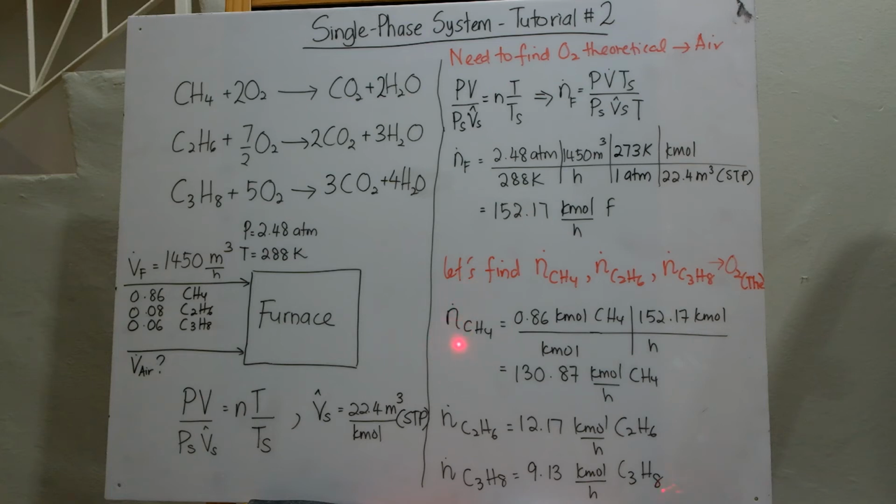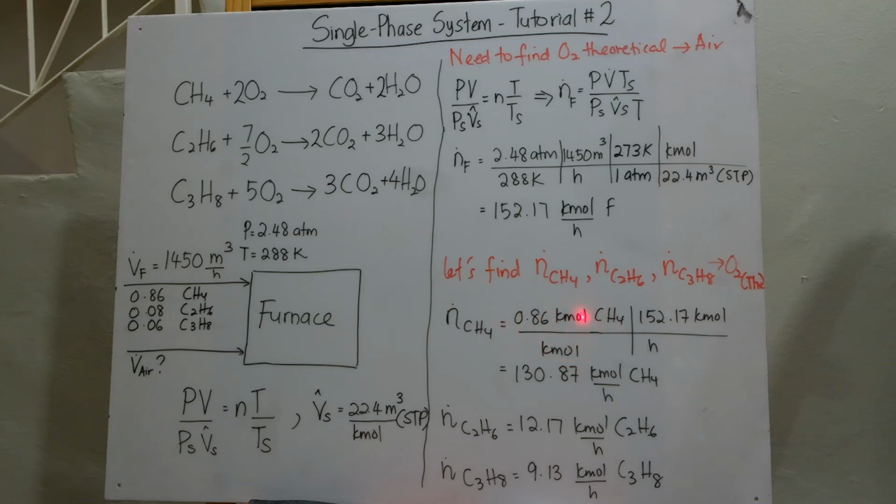See, so this is how we calculate the molar flow rate for methane. We know just now the percentage of methane in that fuel is 86. As I mentioned, 86 percent in terms of volume is equivalent to 86 mole percent.